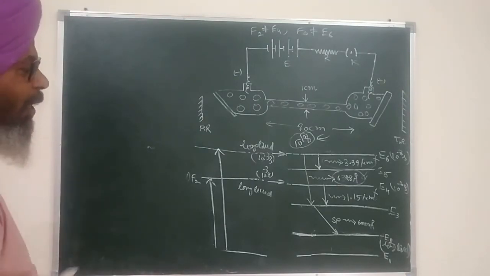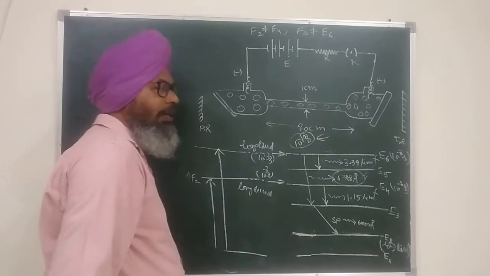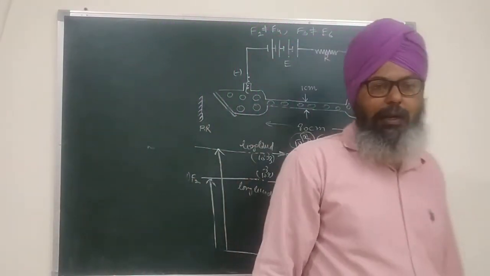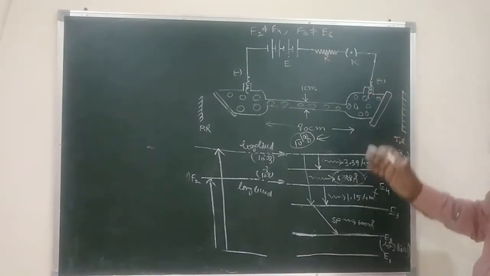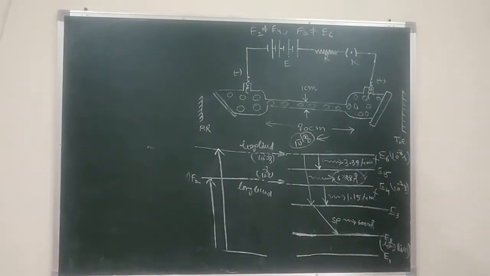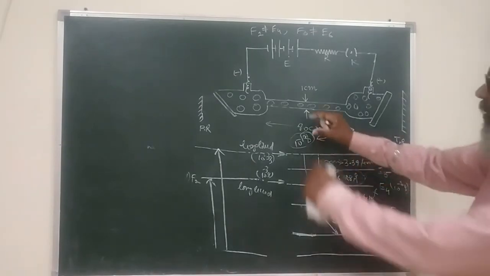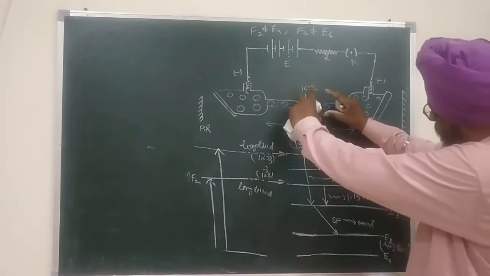Just remember that because the gases are monoatomic, these all are electronic transitions, electronic levels, and all these molecules can show only translational motion. So what is going to happen if we decrease the diameter of this tube?